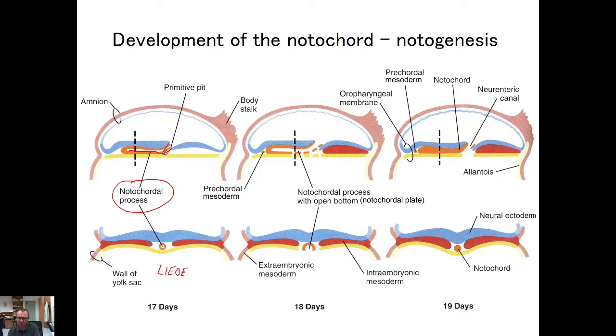Maybe you already heard the term Lieberkühn crypt. It is named after the same scientist. Lieberkühn crypts are in the intestinal mucosa, and the Lieberkühn canal or Lieberkühn channel is an embryonic structure developing at the beginning of notogenesis.